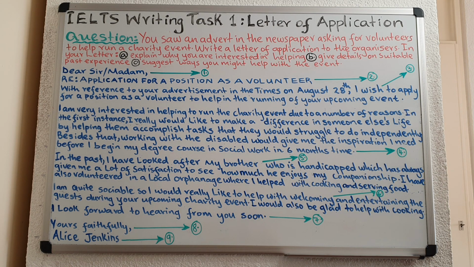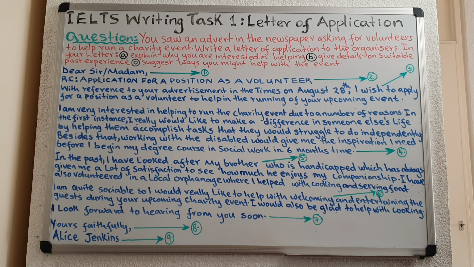In step 4, we wrote a paragraph including the first point that IELTS has given us: explain why you're interested in helping. We wrote the whole of paragraph 4 about that. And then we move on to step 5, where we wrote about IELTS second point, that is B, give details on suitable past experience.